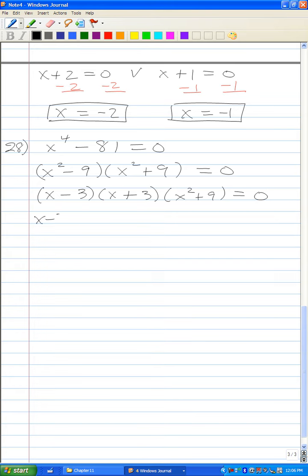Set each factor to 0 and solve for x. So using the quadratic formula, I'll get the same answer. So it's sort of a good practice to do that.